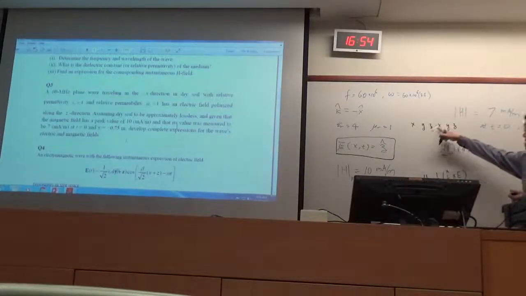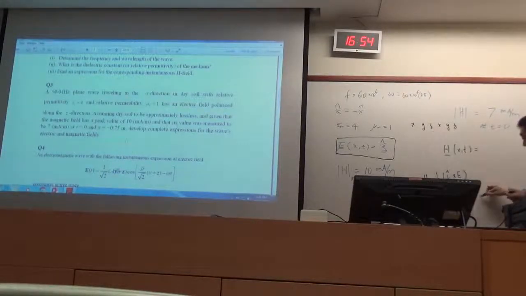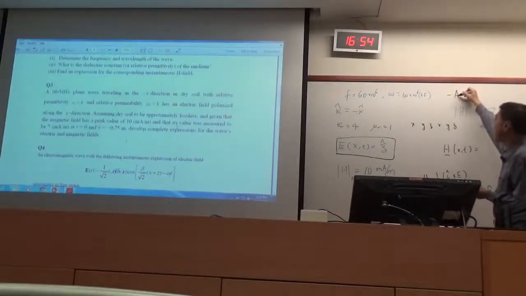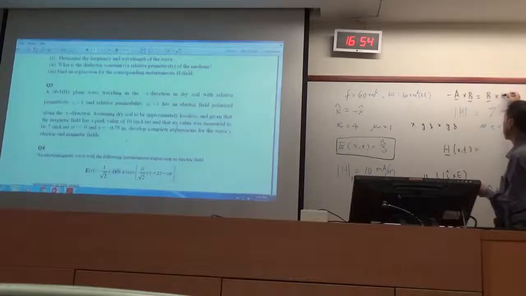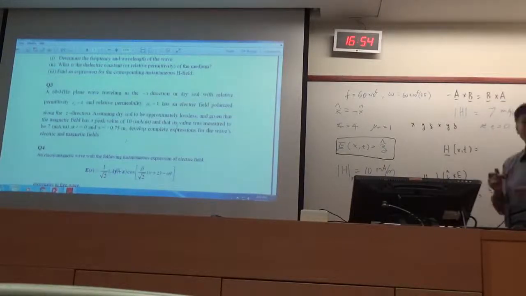How to get minus x cross z? It is equal to z cross x. Remember, minus A cross B is equal to B cross A. So this is equal to z cross x. If z cross x gives you y, then you are correct.